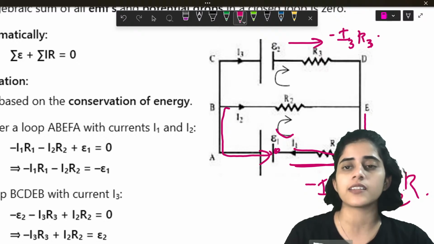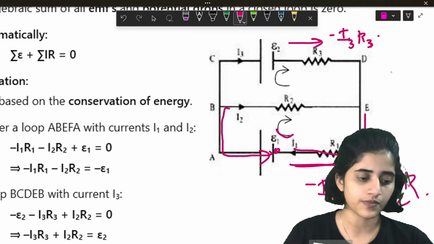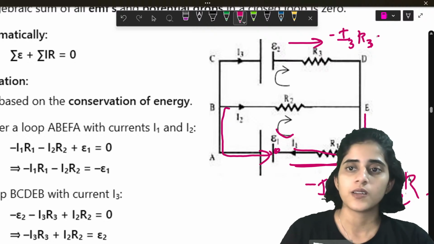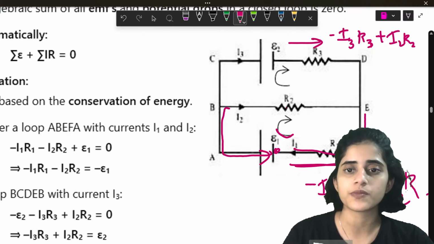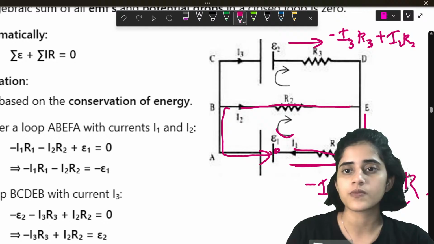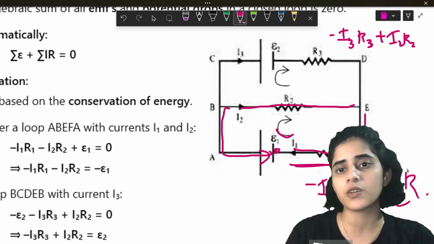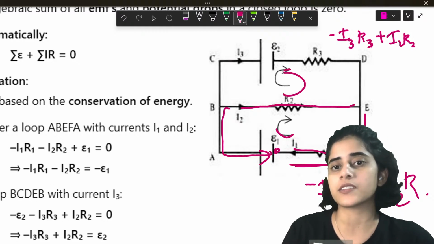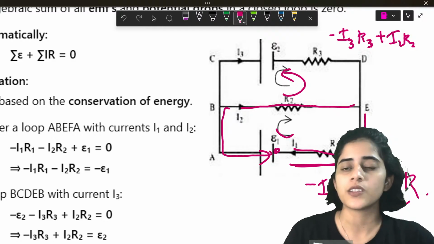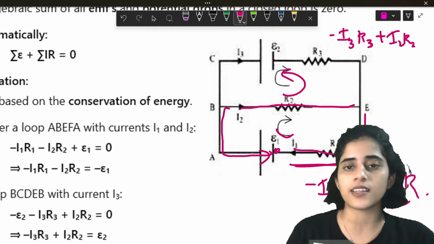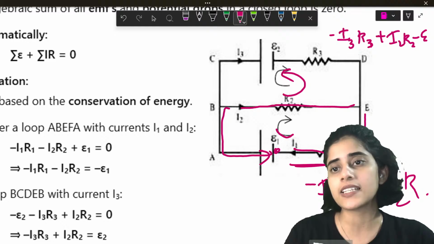So minus I3 R3, plus I2 R2. So this arrow is wrong then. According to their figure, what they've taken is like this. So plus I2 R2 minus I3 R3 and this will be minus E.